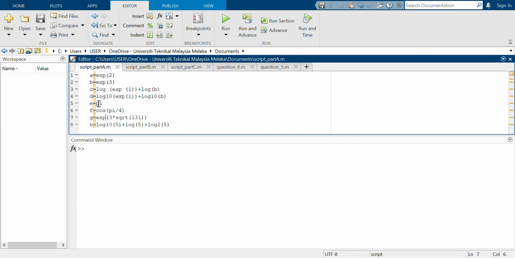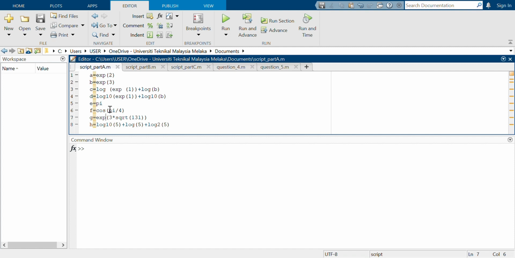And then for D, it's log10(exp(1)) plus log10(exp(3)), meaning log with base of 10 of exponential 1 plus log with base of 10 of exponential 3.